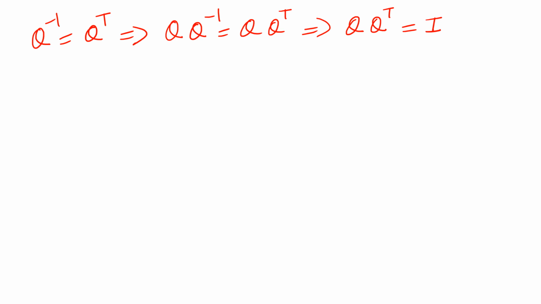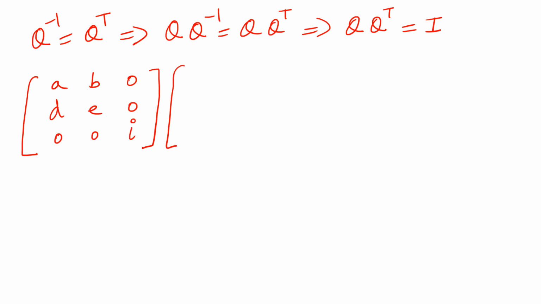Now students, we can write Q into Q^T equal to, the matrix Q is A, B, 0, because the value of C we have found as 0, then D, E, 0, then 0, 0, I. And the matrix Q^T becomes A, B, 0 in the first column.